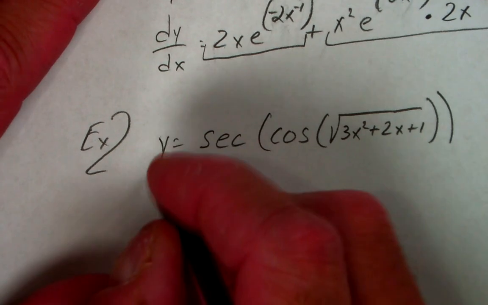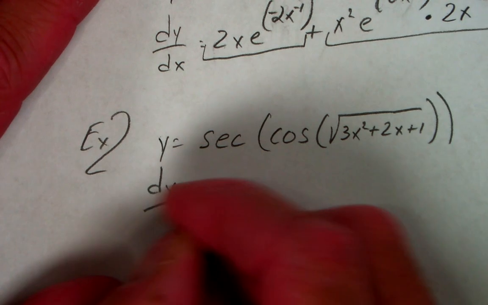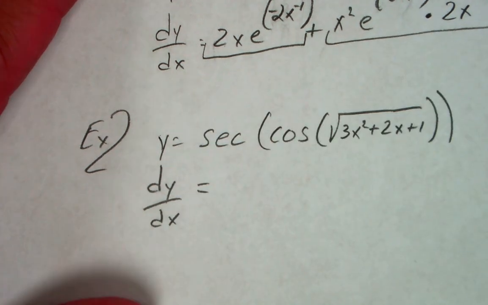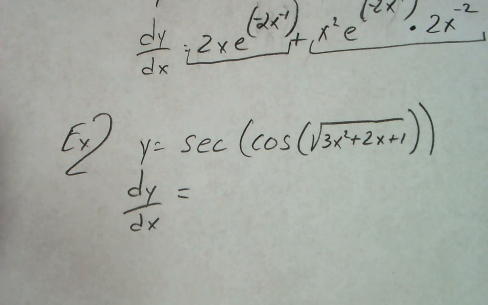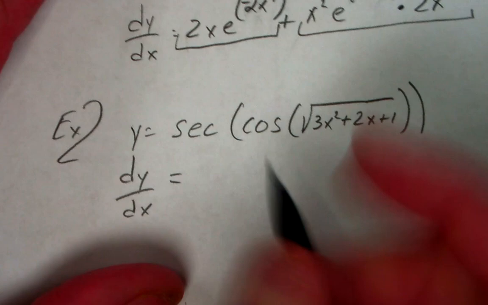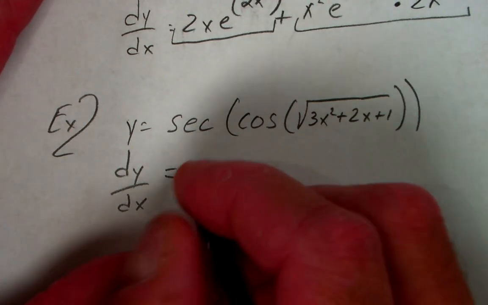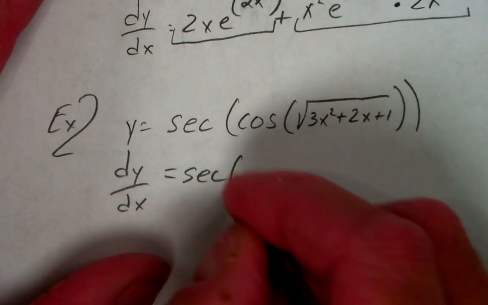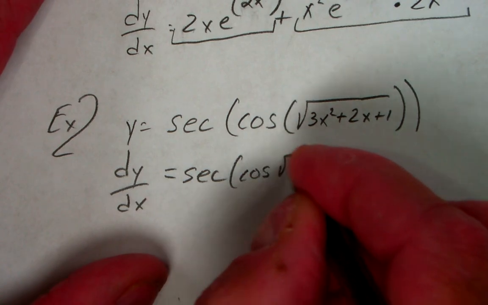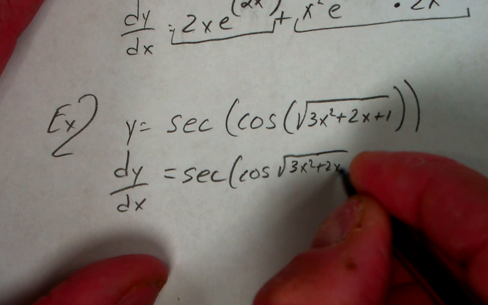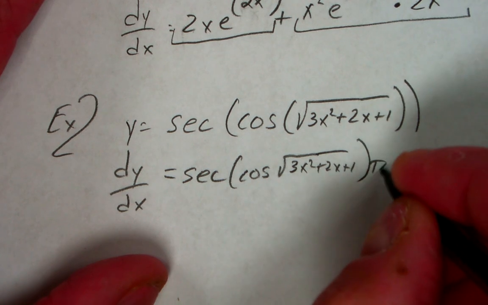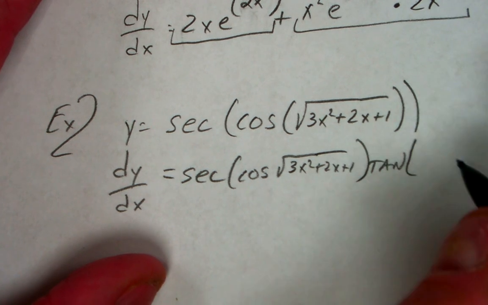dy/dx equals, what's the derivative of secant? Secant tangent, because on secant there's a second function. So it's secant of this ugly monster times tangent of this ugly monster.